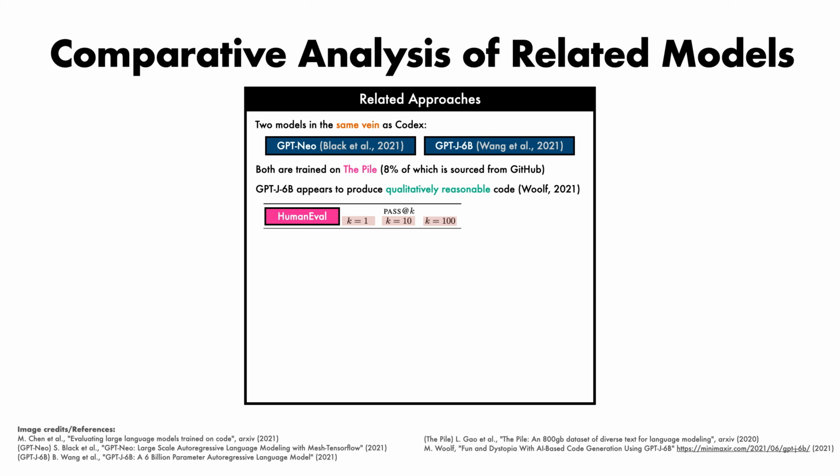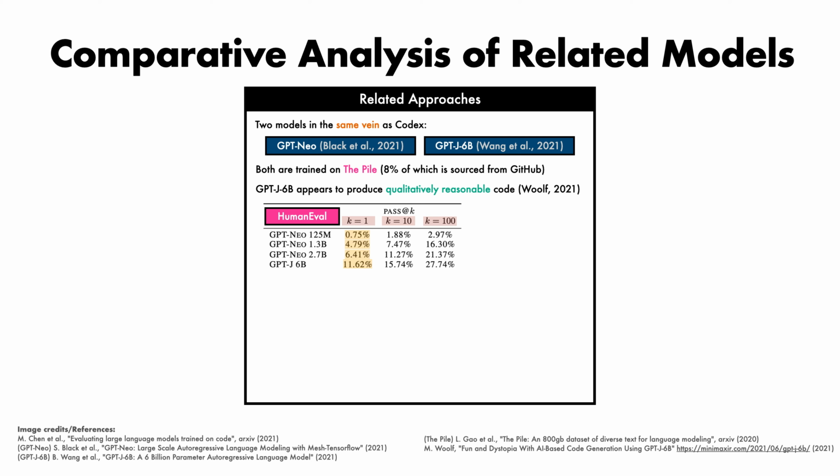Starting with the GPT-Neo models, the 125 million parameter model scores 0.75% pass@1, which grows at 1.3 billion parameters to 4.79%, and grows further at 2.7 billion parameters to 6.41%. The GPT-J-6B model achieves further gains, attaining 11.62%.